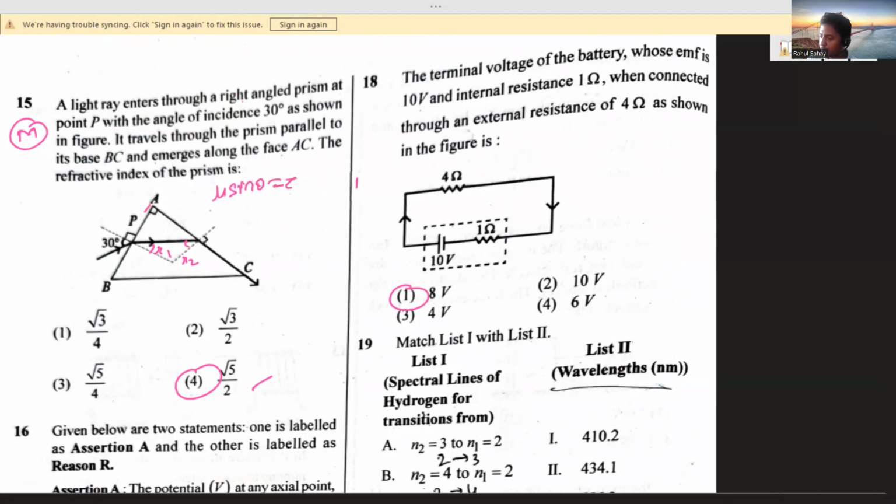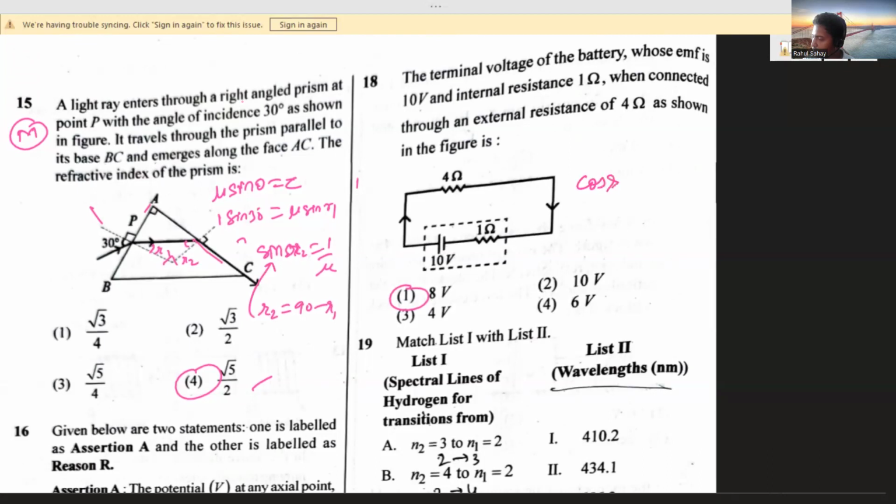So mu sine theta is equal to a constant. Here 1 into sine 30 degrees is equal to mu sine r1. And second is sine r2. If you use refraction at AC, sine r2 is equal to 1 by mu. And r2 is equal to 90 minus r1, since the prism angle is 90, right? So if you substitute here, this is cos r1, right?